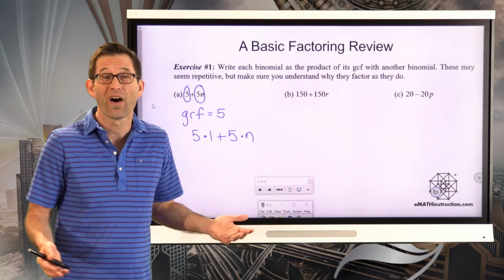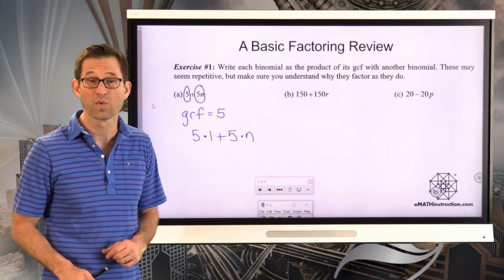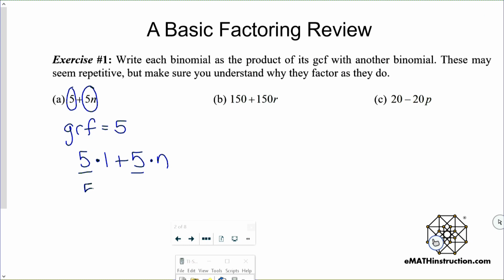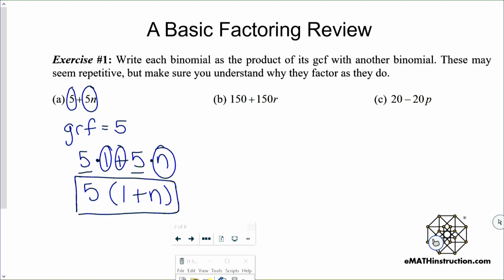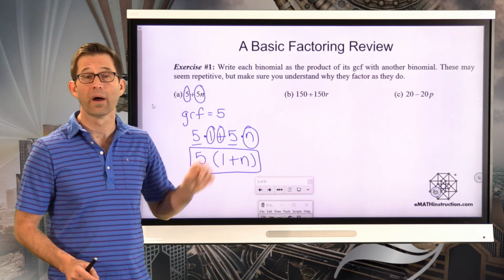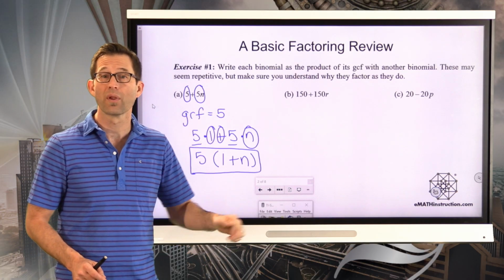That is what the number 5 is. It's 5 ones. It's 5 times 1. But now it's pretty easy to factor this because I can write that GCF down, and then that leaves me with 5 times 1 plus n. All right? So that's the way this particular binomial factors, 5 times 1 plus n.